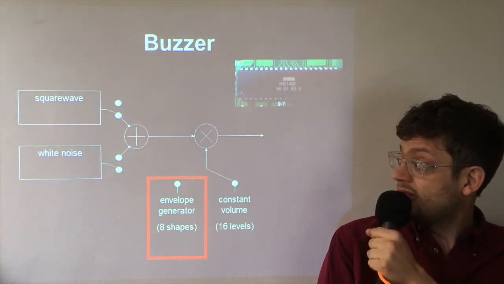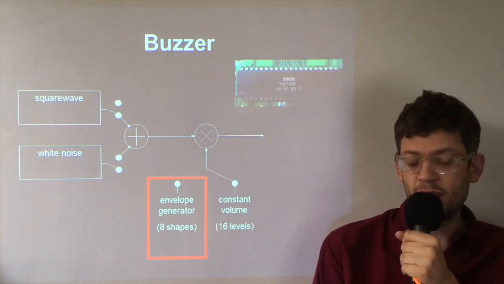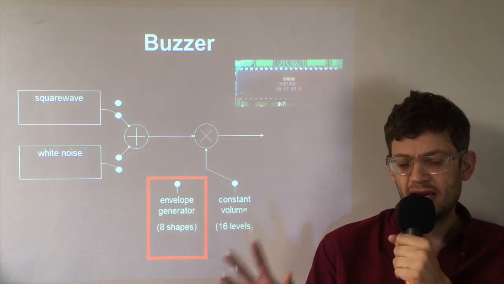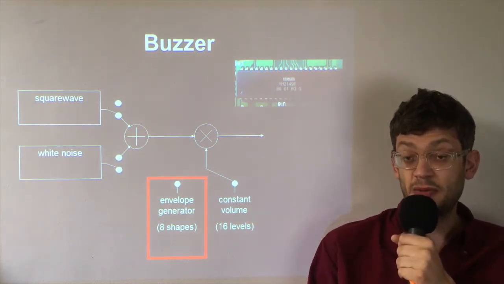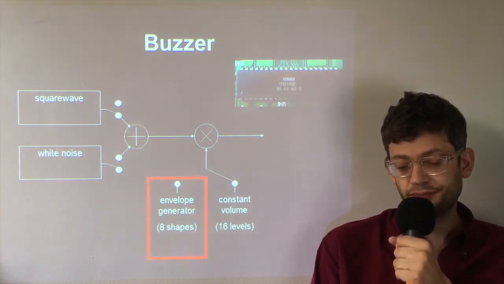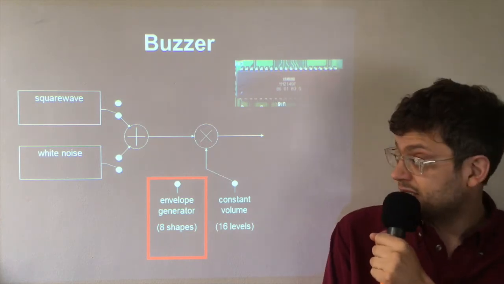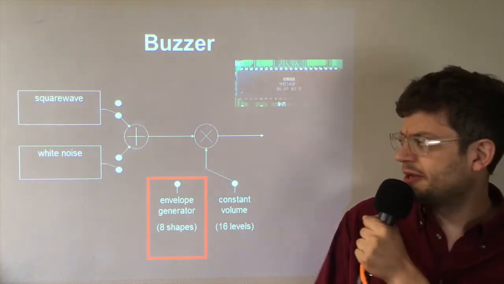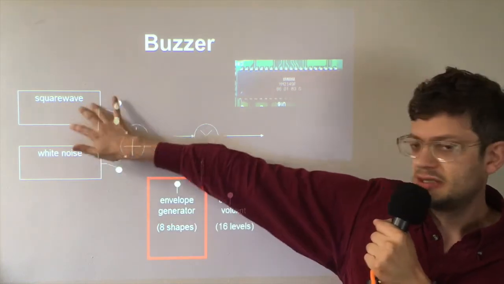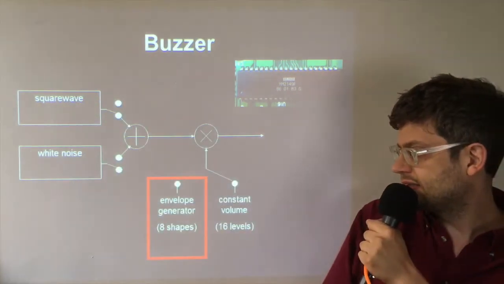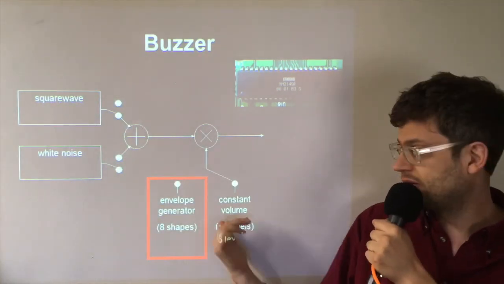Here is again the diagram of the Atari ST gwEm2149 sound chip architecture. Last week we covered the square wave and the white noise, and to a certain extent also the volume.